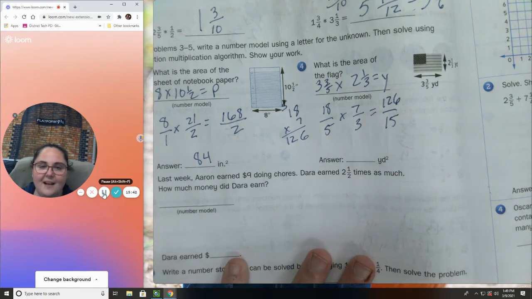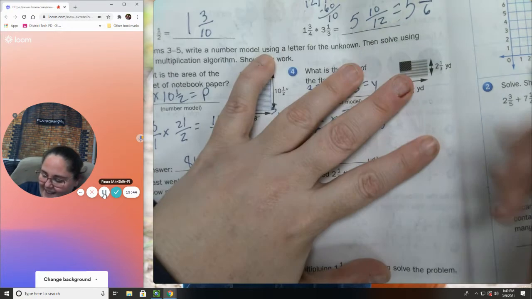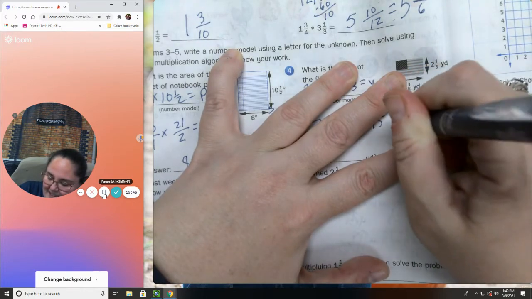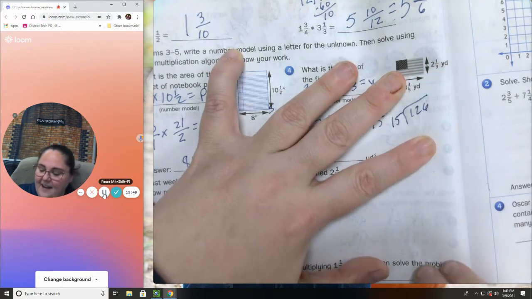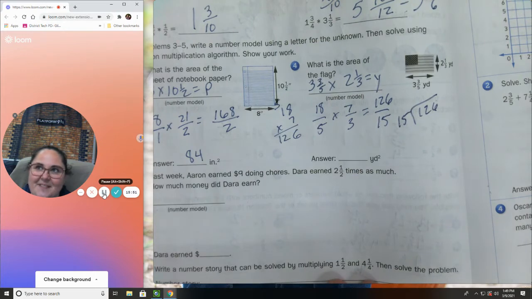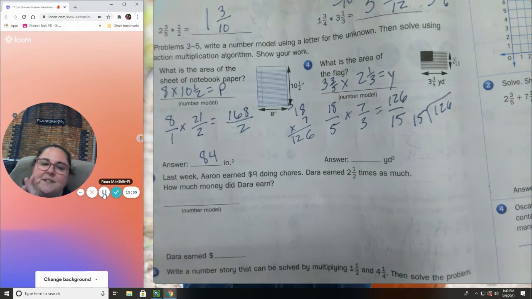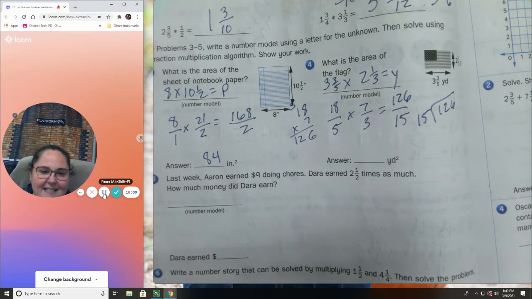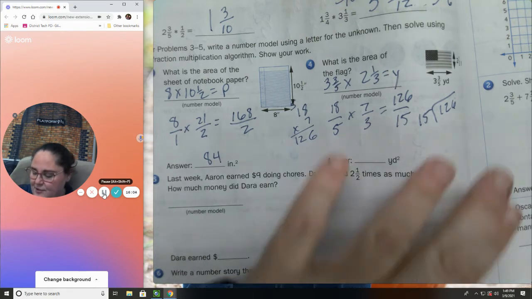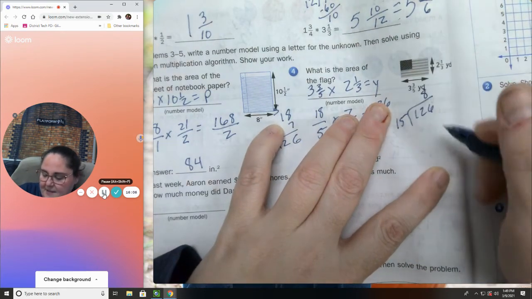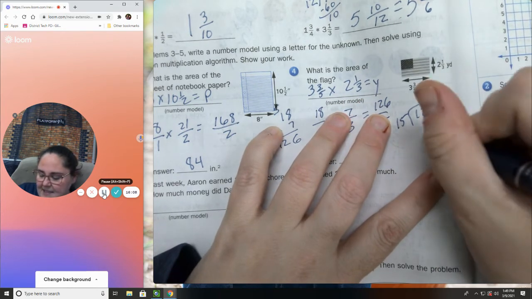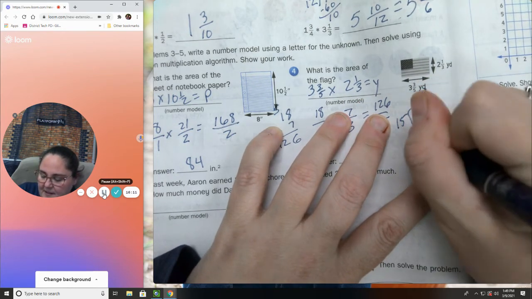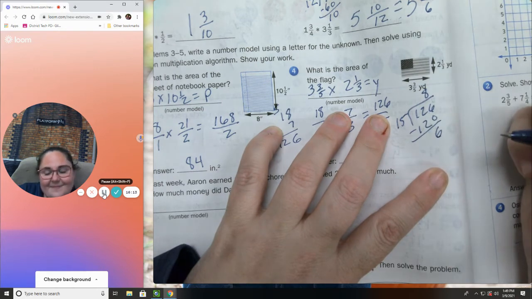Great. Now I need to divide. 126 divided by 15. All right. Let me see. I know that 15 times 6 is 90. 15 times 8 is 120. So I think it's going to be 8. So 8 times 15 is 120. 6 left over.